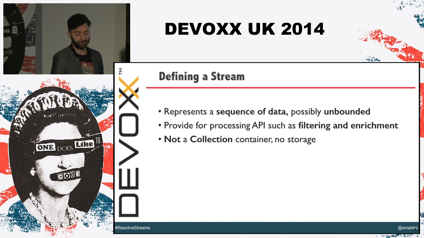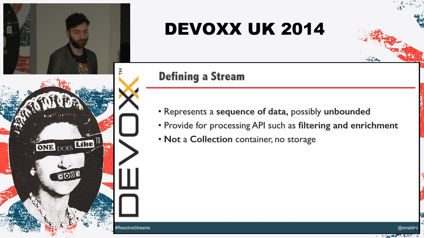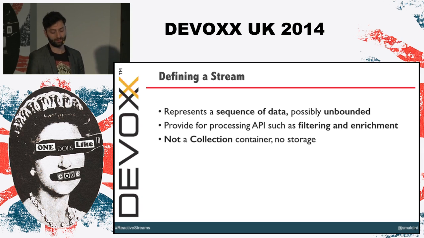So, a stream. In Reactive Streams, there are many descriptions and definitions of streams, but the stream we use in Reactive Streams is a stream of data sequence. Just represent in your mind a suite of mouse clicks, for instance, or trades, or some operations.